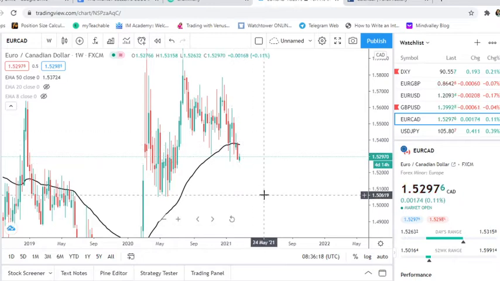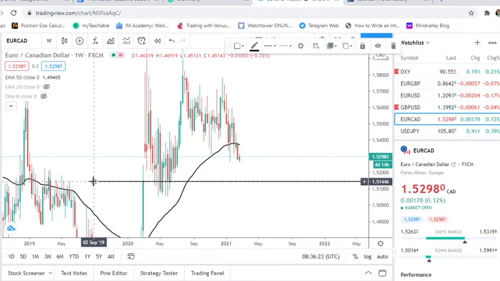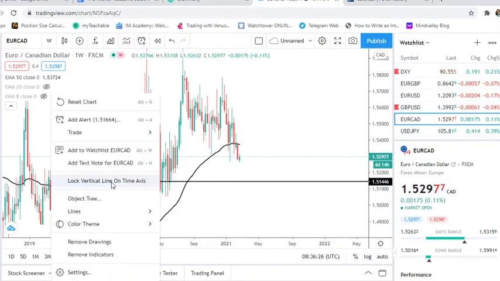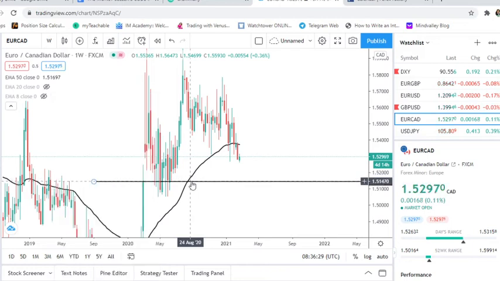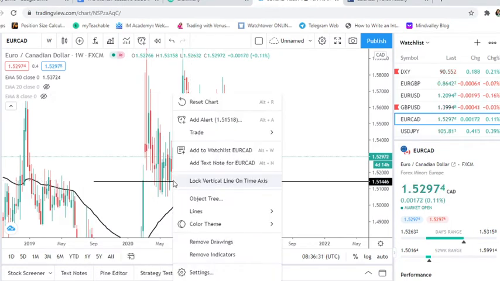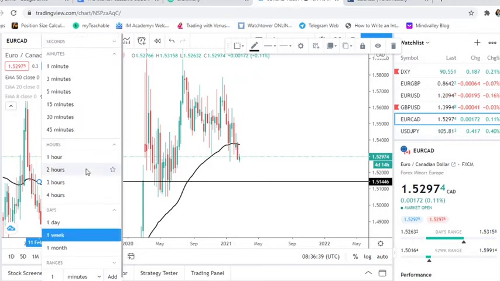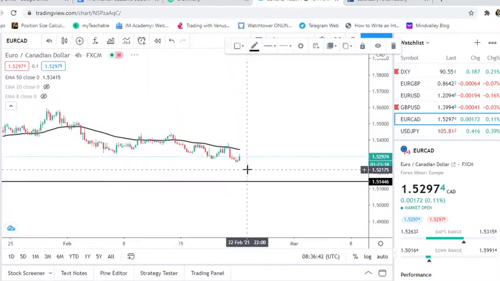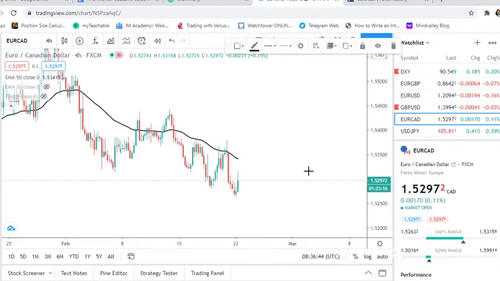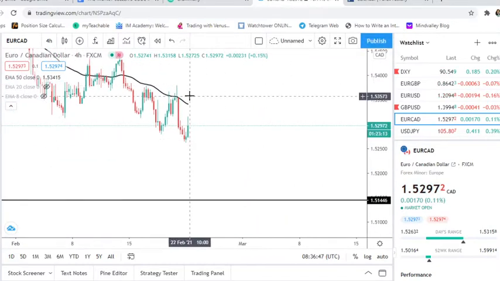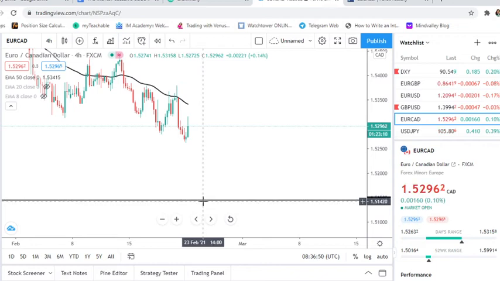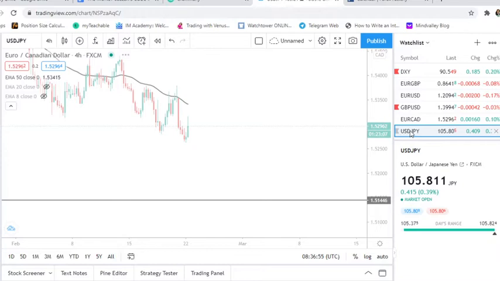I think that my bias remains bearish, and I would expect it to go all the way towards this area, at least, if it's going to push down. So our bias for this is bearish. We may see some level of retracement, then continuation of the bearish move to at least this area before we may see a further push down.